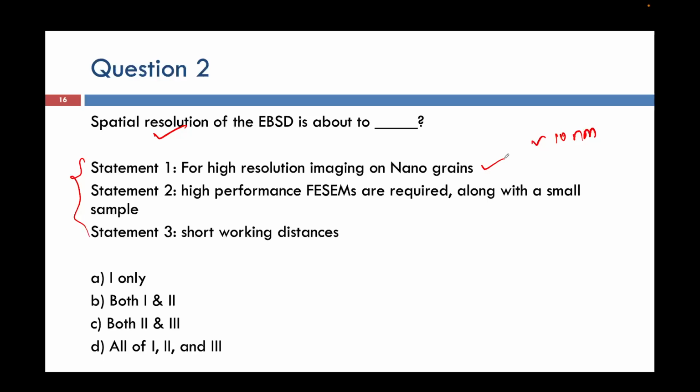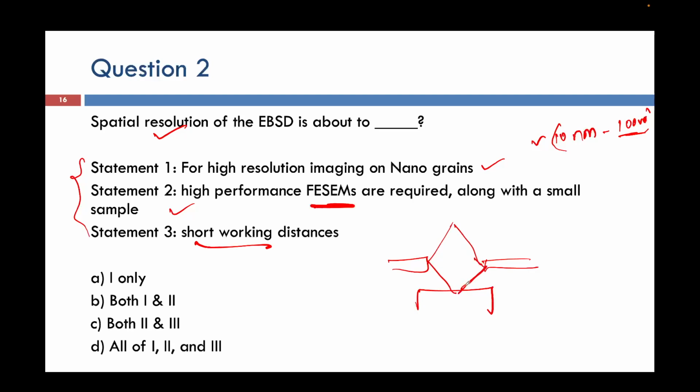High performance FESEMs are required, because I told in the last question that the resolution can go up to 100 nanometers in some cases, so we need a high performance FESEM to image the nanograins so that the spatial resolution is increased. Then short working distance. Why? Because a short working distance means your probe size will be very low. In the last class, if you remember, when we increased the working distance, let's say this was our working distance.